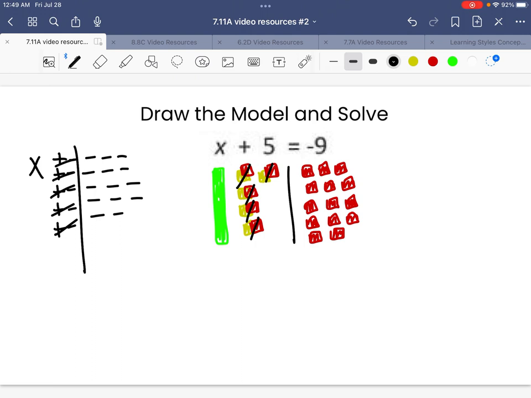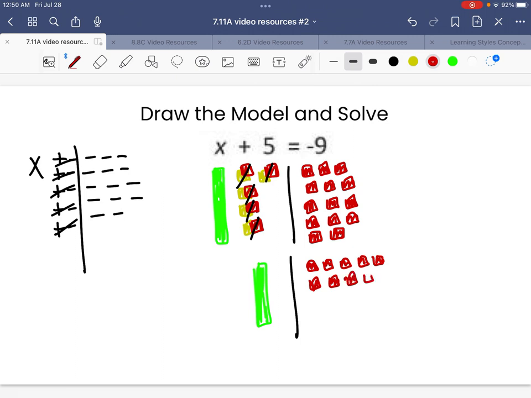And I see that in both representations, I'm left with 1x equal to 14 negatives. So I can draw my reds to show 14 negatives.